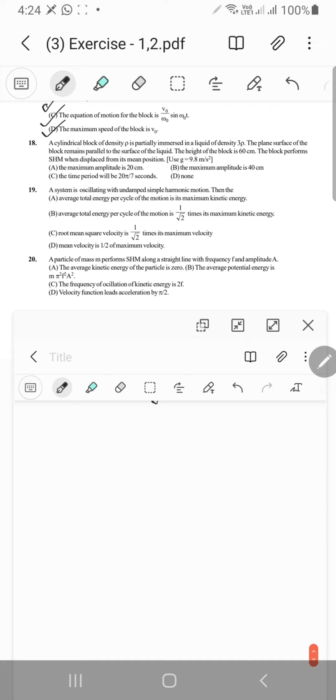So what do we have? If we move by x, the extra pressure is the density of the liquid times the displacement which we moved, times g, that is rho g x, times the area.